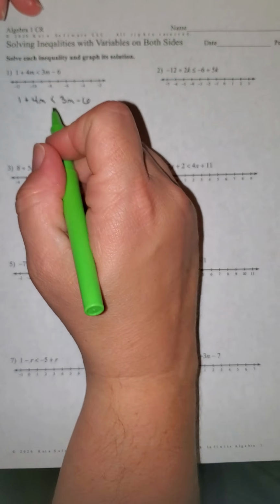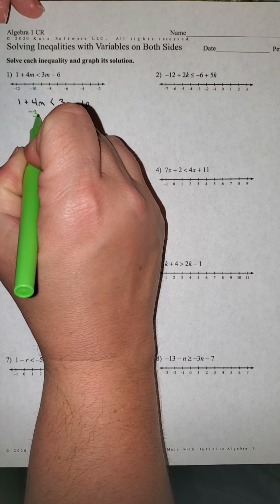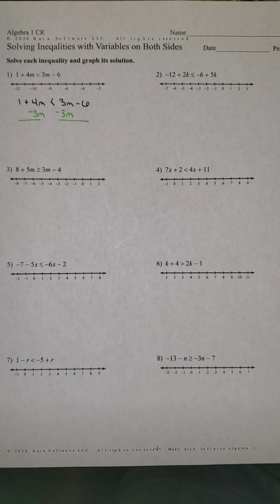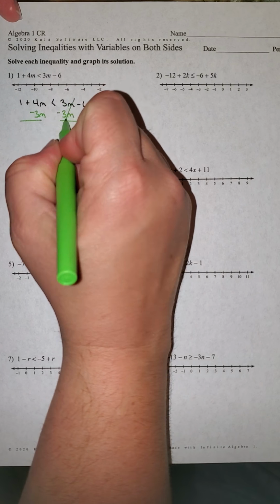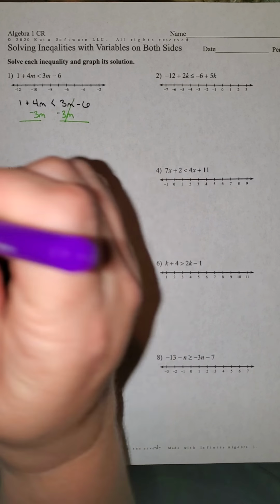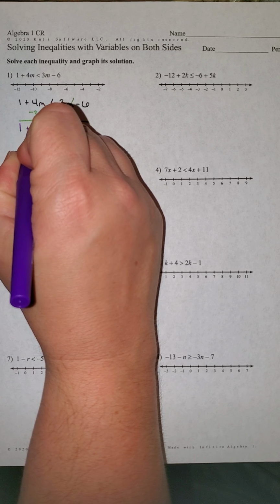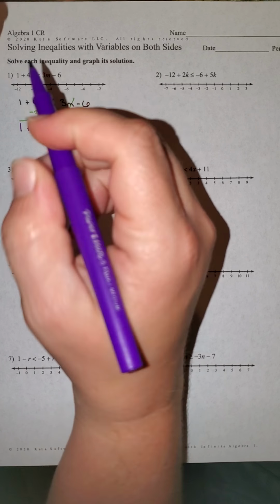I'm going to subtract 3m from both sides, from the m on the left and from the m on the right. So those cancel. The 1 is there. And then 1 plus 3m would just be 1m less than negative 6.